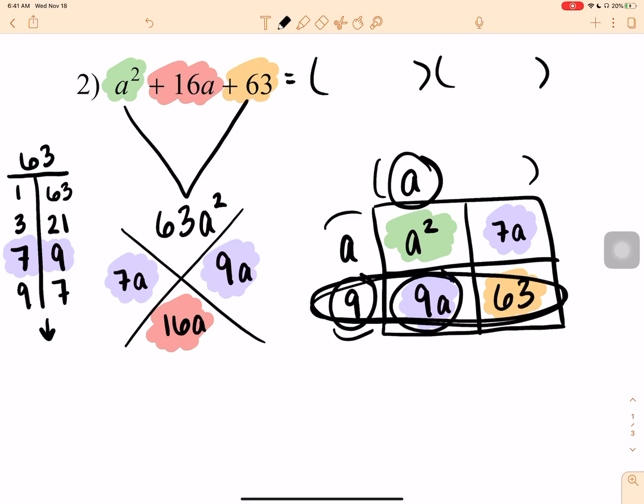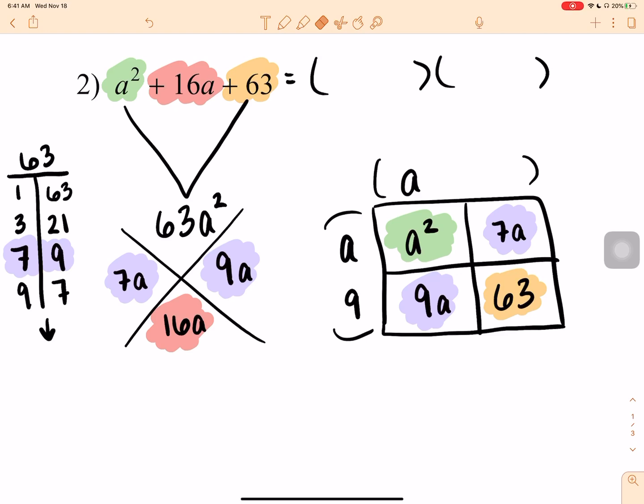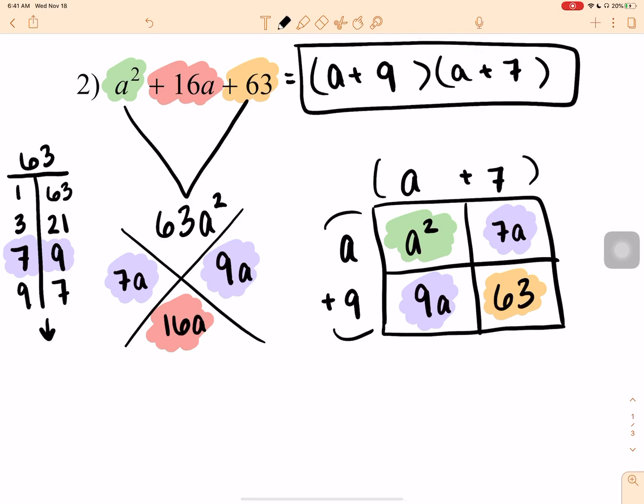So that's another way to put it, since we already know that that term up there is a. And that's a positive 9. And then here, my GCF between 7a and 63 is 7. So my final factored form is a plus 9 times a plus 7. And that is the factored form. Okay, make sure you pause.